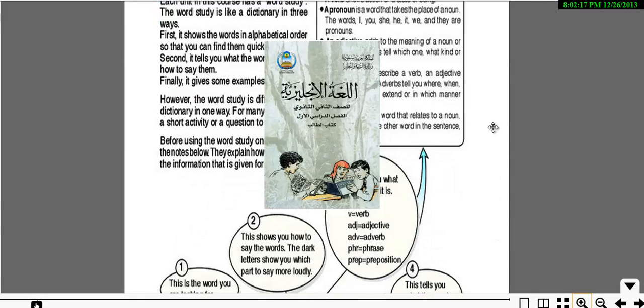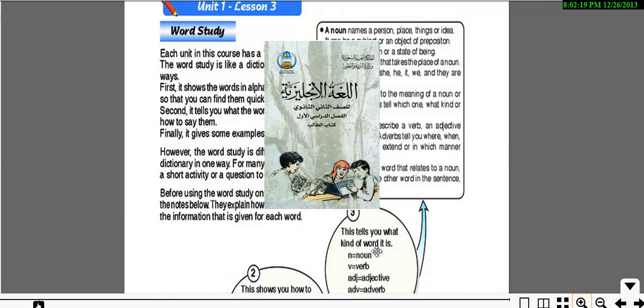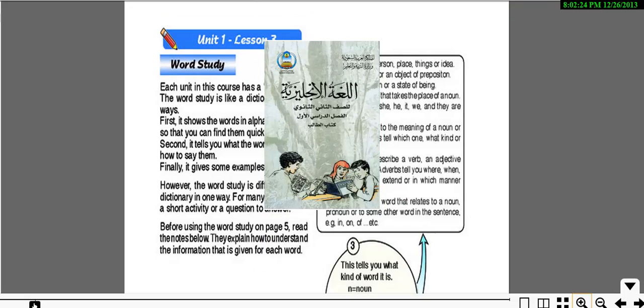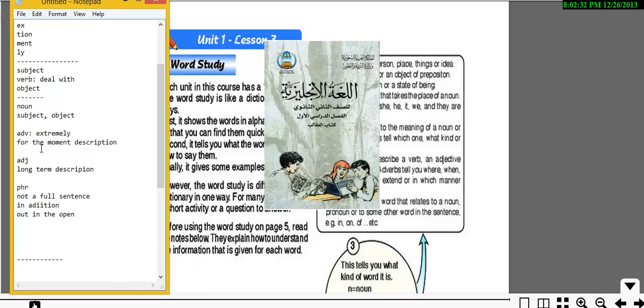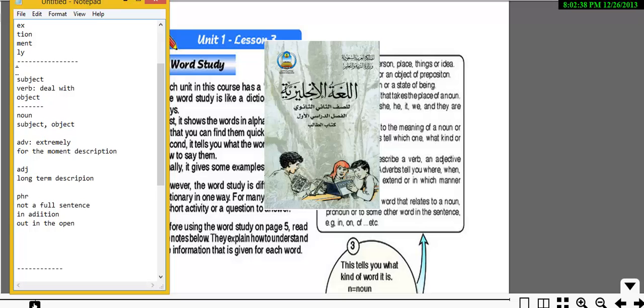Now, there is an explanatory part here. Number 3 tells you what kind of word it is. It's just a reminder. A noun names a person, a place, a thing, or an idea. It can be a subject or an object of a preposition. As you can notice here again, we said there is a subject or an object usage for the noun inside a sentence.